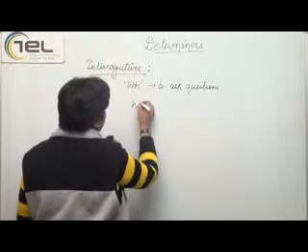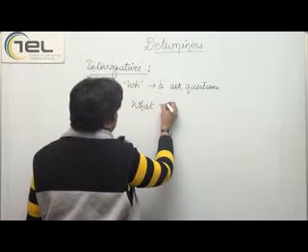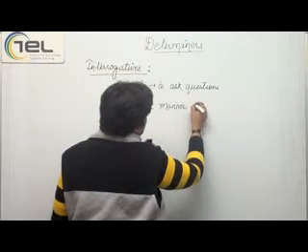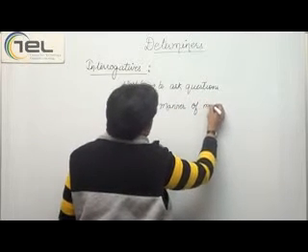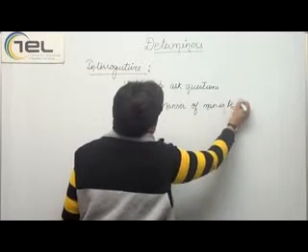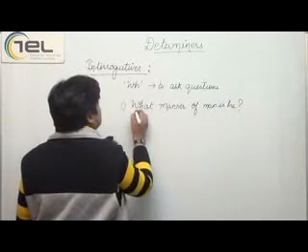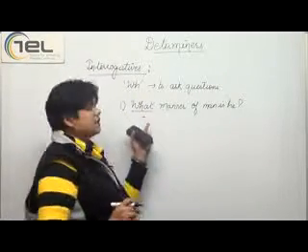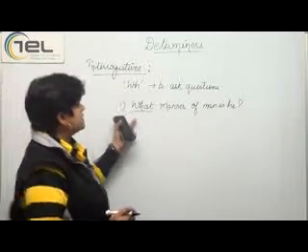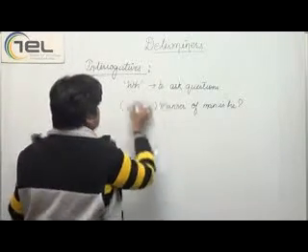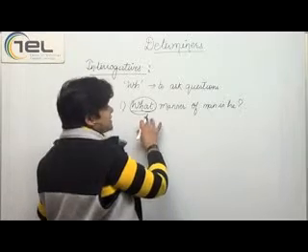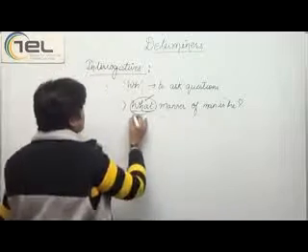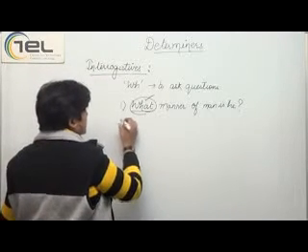For example, what manner of man is he? What kind of man is he? What kind of manners does the man have? Now, what here is used in the beginning of the sentence to ask a question. So, here it would be called an interrogative.